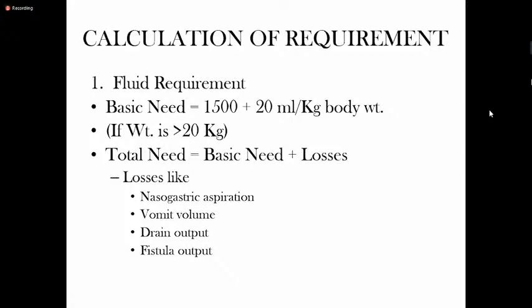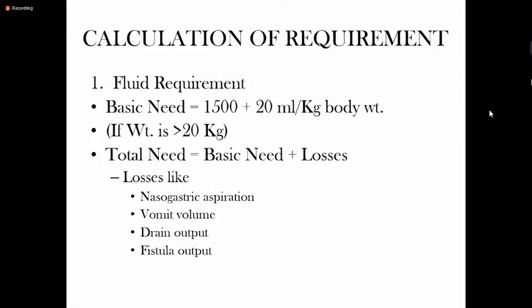If the weight is greater than 20 kilograms, the total need must be given minus what is called the basic needs. Basic need plus losses, okay? So whatever we give on top of this is what is called nutritional support fluid.